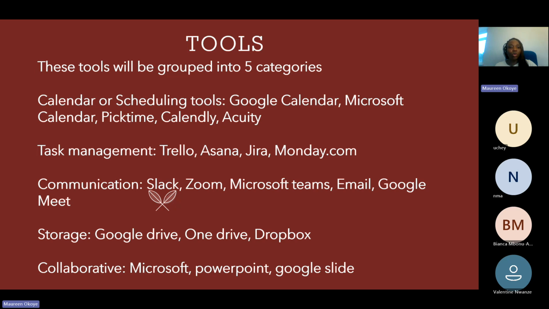But once you know one of these task management tools, you'll be able to work with every other tool because their features look similar, you just need to get accustomed to how Asana works. If you have the basic knowledge of how Trello works, you can use Asana, Jira, or Monday.com.